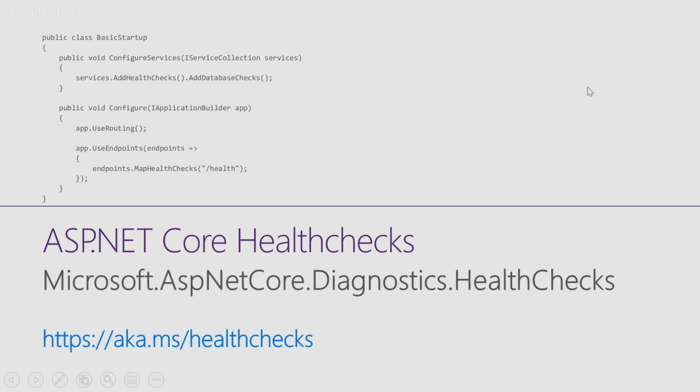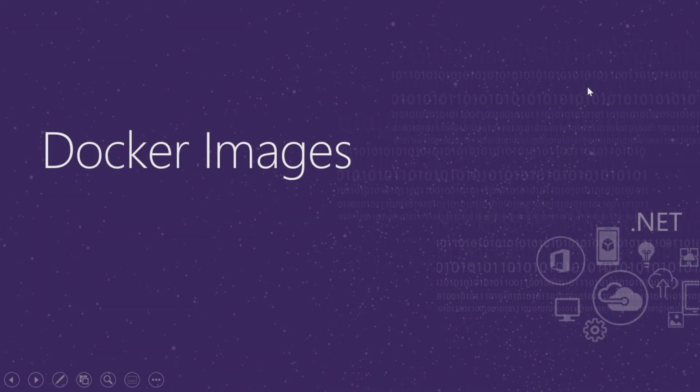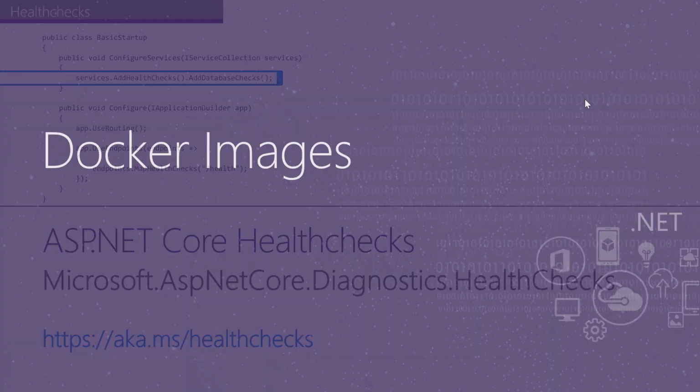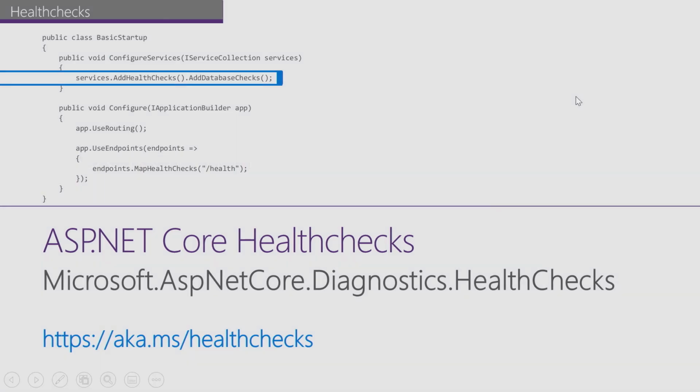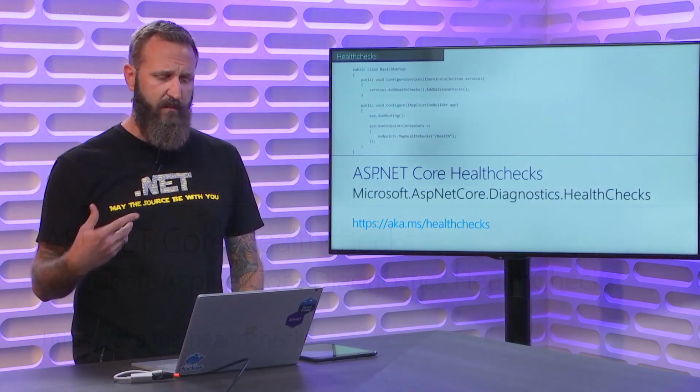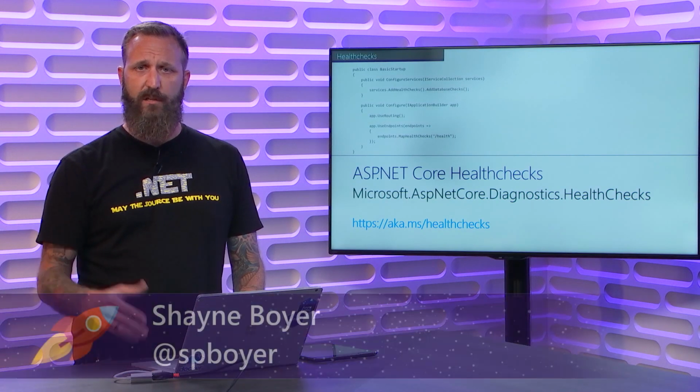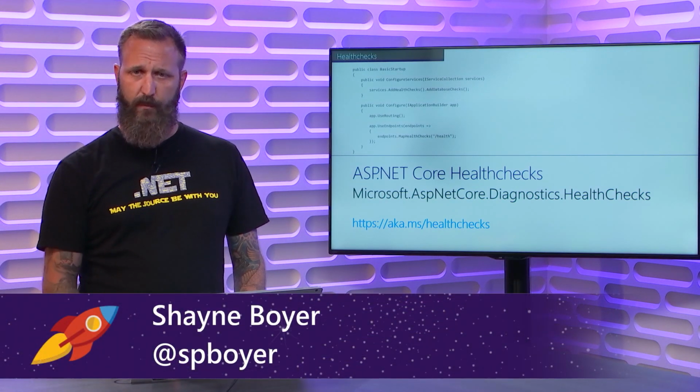Now we can expand upon that and also add in database checks as well. So if I want to make sure that my app also has database connectivity, I can also set up connections to my database backends. And if my service is not connecting to the database properly, then it will return an unhealthy response as well.